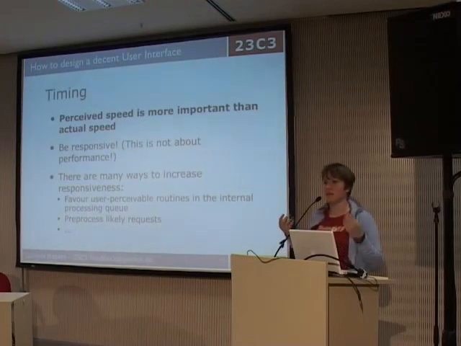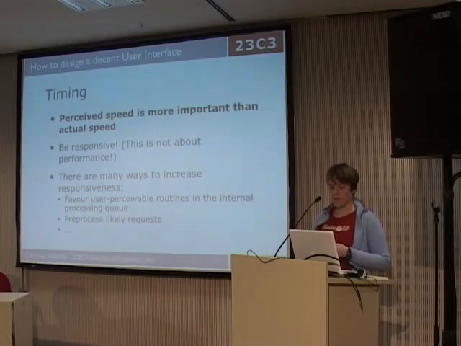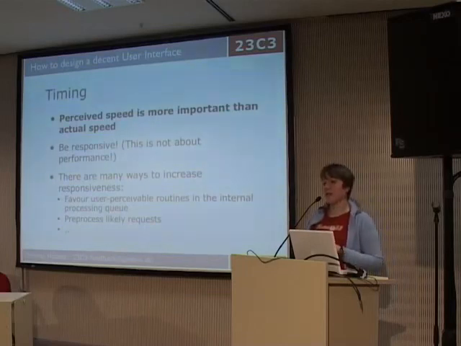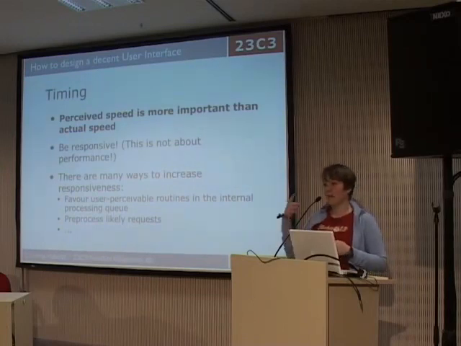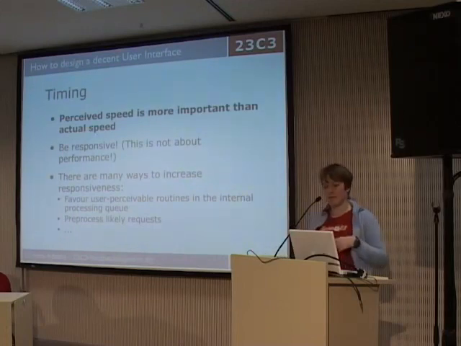Have you ever used SSH to write a text and it lagged and you typed and like 5 seconds later there your character appeared? It sucks. So, I mean, in SSH there's nothing you can do, but sometimes you can do, and then you should. Or pre-process likely events. I mean, if there's like 3 things users can do, and A is always, in 90% of the cases, the one they want, and you can pre-process this and you're idle, oh, well, pre-process this, and it will be like, woo, magic to the user.